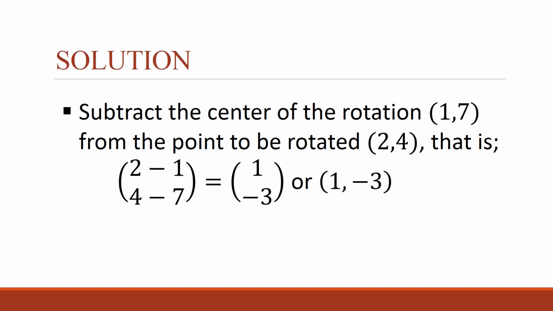In our first step, remember we said that we subtract the center of rotation, this time which is (1, 7), from the point to be rotated, which is (2, 4). That gives us 2 minus 1 and 4 minus 7, producing (1, negative 3). Which can also be written as a point (1, -3).